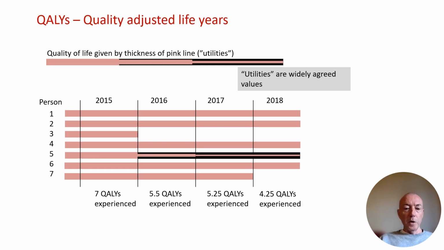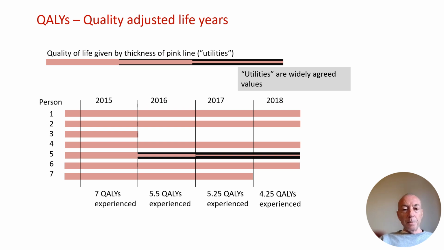So that's life years. And now we come on to quality adjusted life years, or QALYs. So now the pink lines of people living, you can see that they have different widths. And the width of the pink for any person alive represents the sort of quality of life of that person at that point, where the fully pink would represent the fact that they have a perfect quality of life.